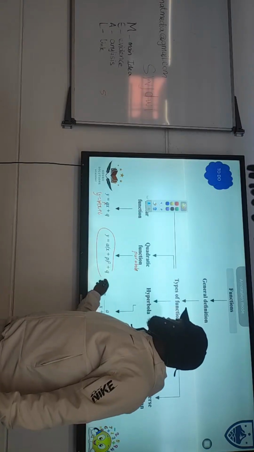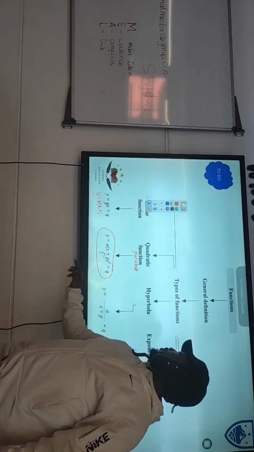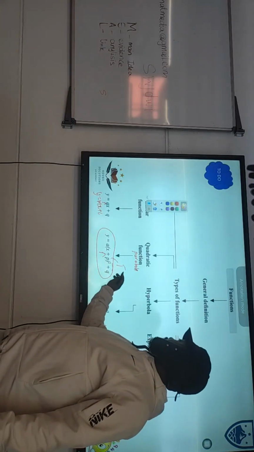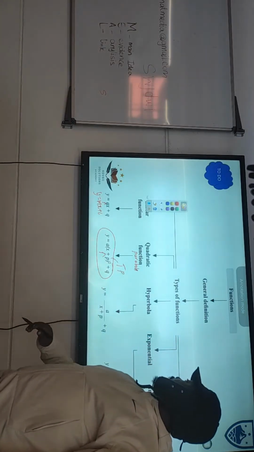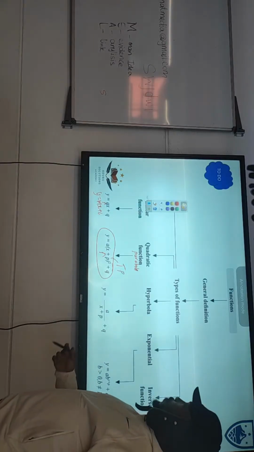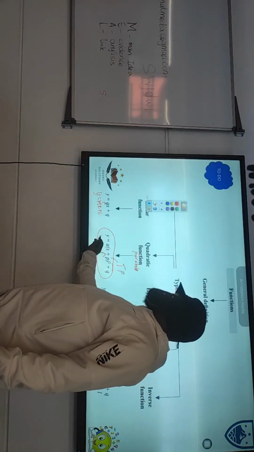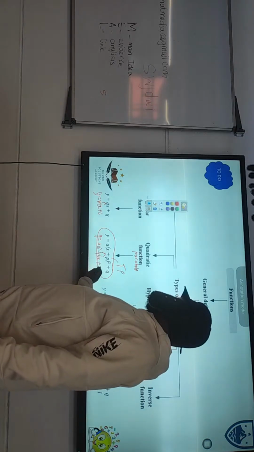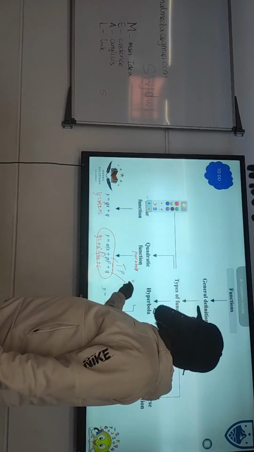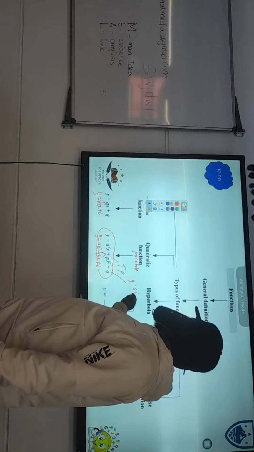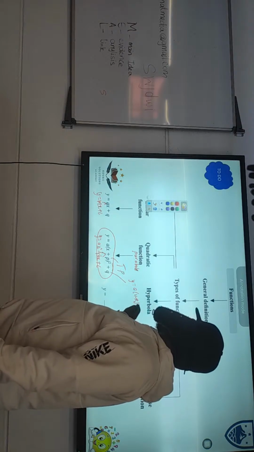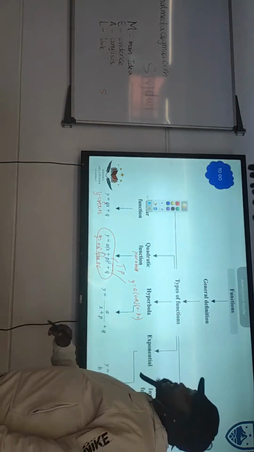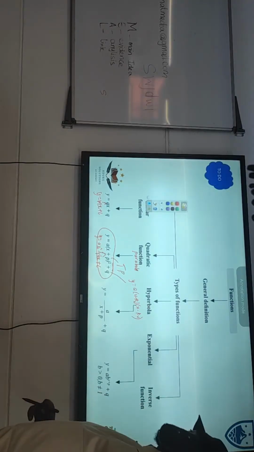This is the standard form that we use to check the plus, and this is the turning point format. And then we also have the normal quadratic function. This can also be written as ax squared plus bx plus c. You can also write this as y equals a(x minus r1)(x minus r2). Yes, this is the root format.